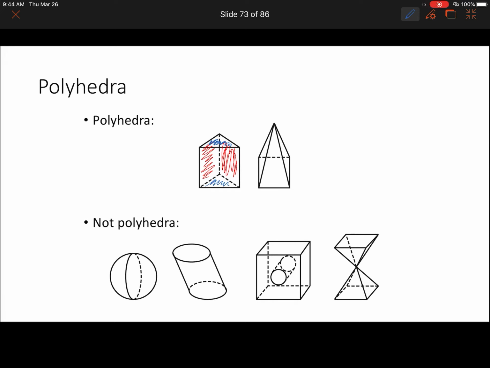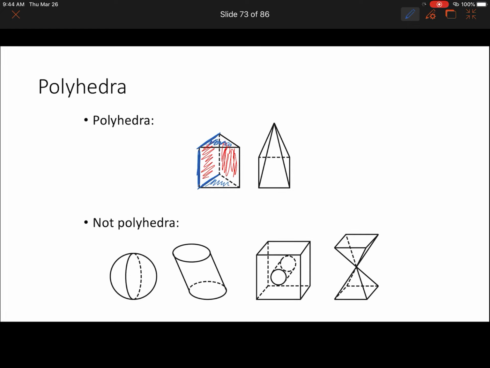And then also you'll notice that the triangle piece on the top and the one on the bottom, those two are also polygons. And then, of course, you have the one on the front side as well. So those are your faces. Your edges are the sides.